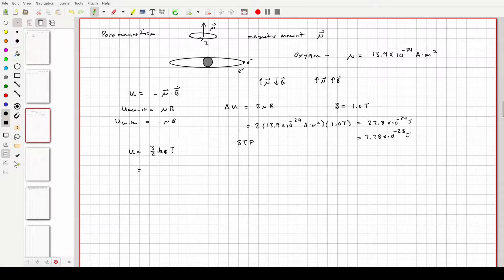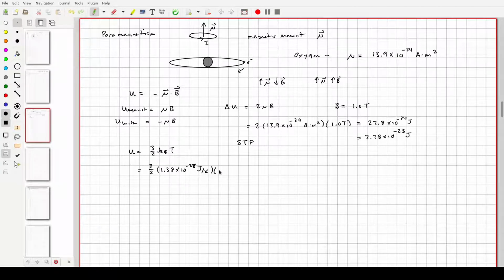Well, the energy that you would have as a consequence of this temperature that is present in your material, causing randomization, if you will. This is 1.38 times 10 to the minus 23rd joules per Kelvin.